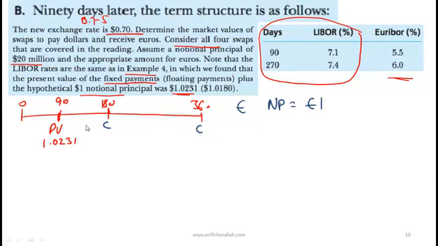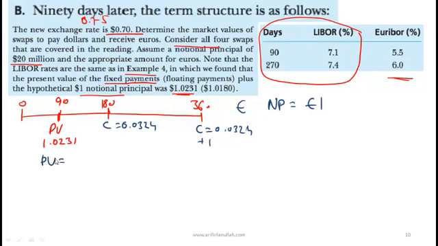Remember fixed. What was the euro's C? 0.0324. And this was also 0.0324 plus €1.